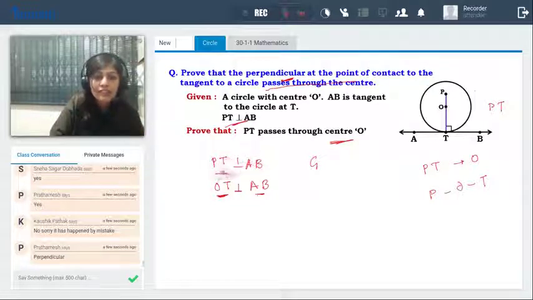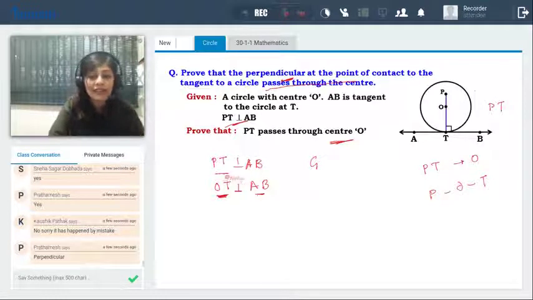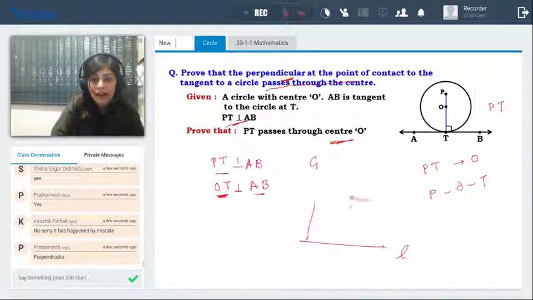Students, observe these two perpendicular lines carefully. Now, before I move ahead with this, I need some concept. I need to see if that concept is known to all of you. If I have one straight line L, and to this line I am drawing two perpendicular lines. All right, please observe, these are perpendicular lines.